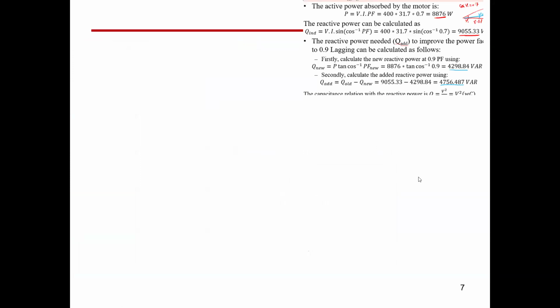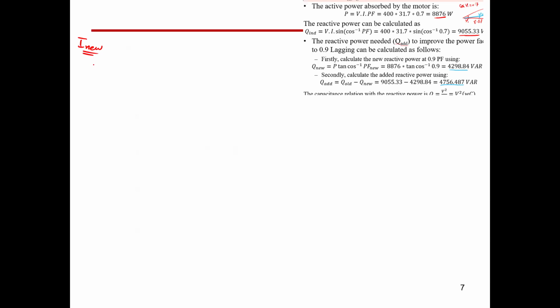Now let's see, guys, what is the new current we have. What I would like to calculate here is I new, the new amount of current. How can I get that?